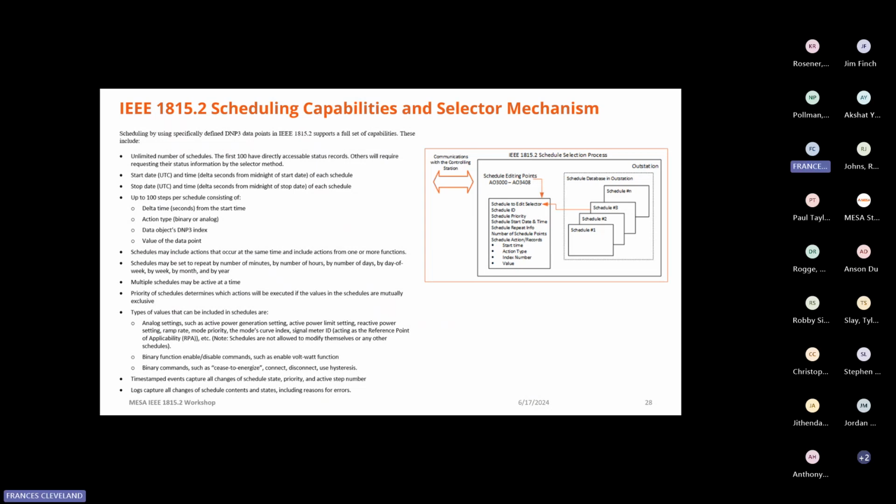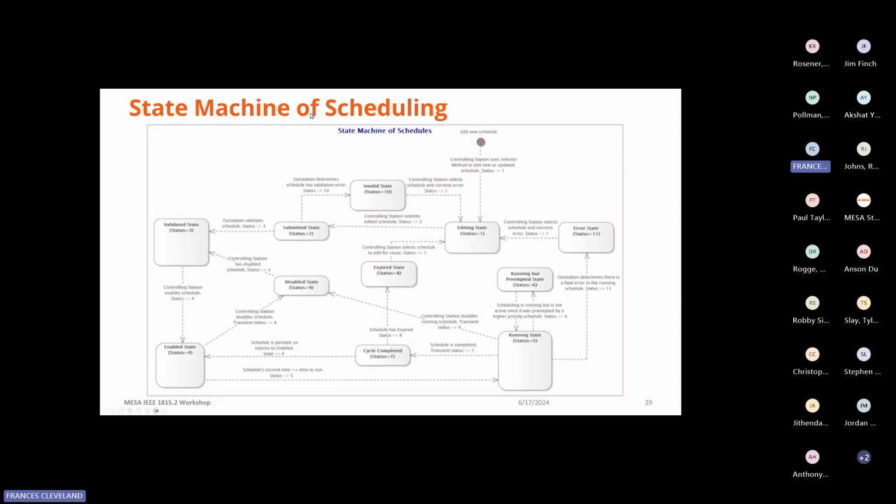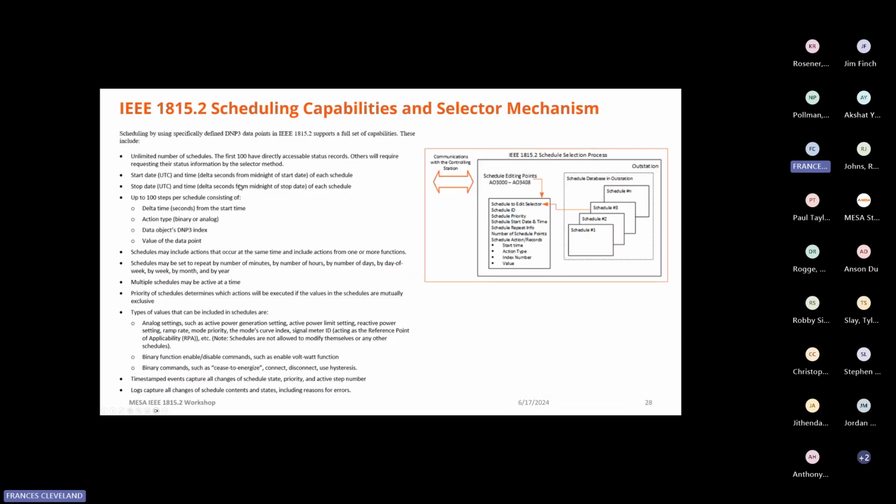But so we have vastly improved this 1815.2 scheduling capabilities, and now we have a full set of capabilities. First, I will point out, and as you can see from this drawing, the selector method is also used for scheduling.